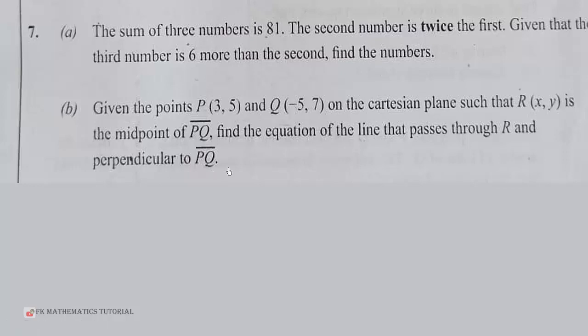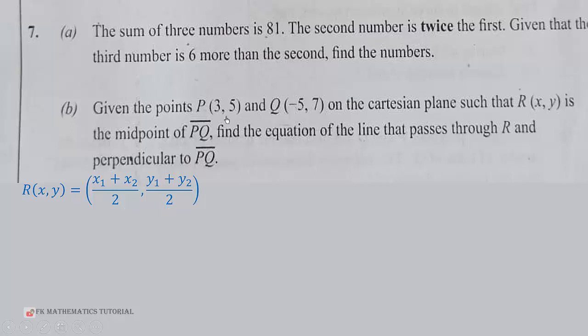So we first of all find the coordinates of R. The formula for the midpoint is that you add the x1 and x2 and divide by 2, add y1 and y2 and divide by 2.